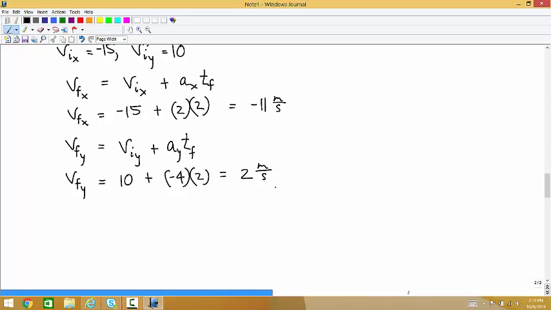So then, since we're asked for the final velocity vector, we take these two components and put them in vector form. So VF is equal to negative 11, positive 2 meters per second. Any questions about that part?